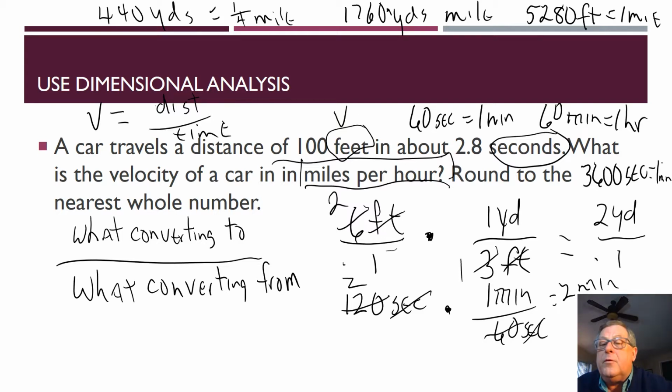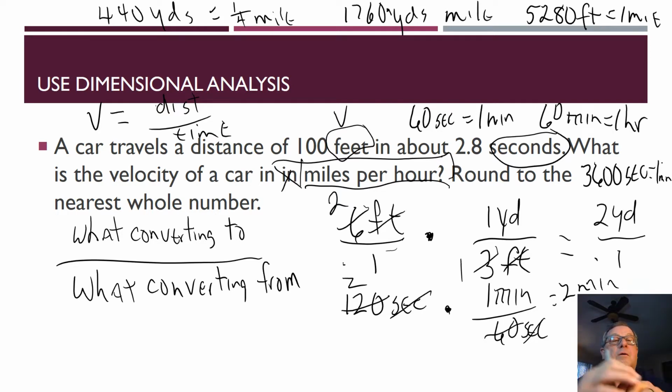Running out of room a little bit here. So 5,280 feet equals 1 mile, 3,600 seconds equals 1 hour. So we got some basic information as to how to set up our conversion ratio to determine if a car travels 100 feet in 2.8 seconds, what's the velocity or speed of that car in miles per hour.